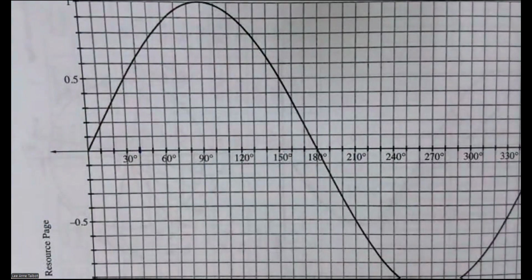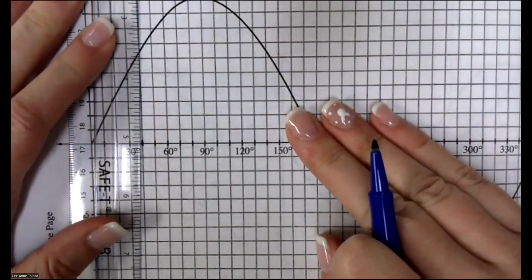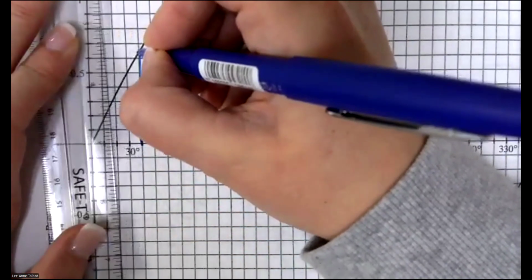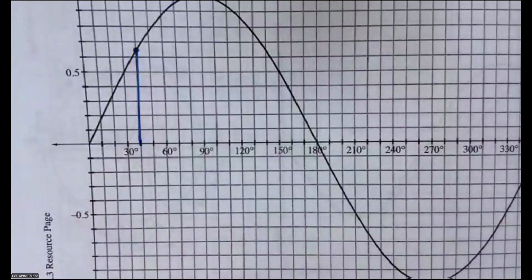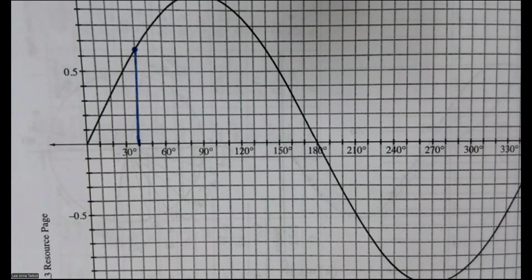And then I'm going to take my ruler, go up to the wave, and make a coordinate. Is it reasonable to say that the height of that wave is 0.643 according to the scale on the y-axis?